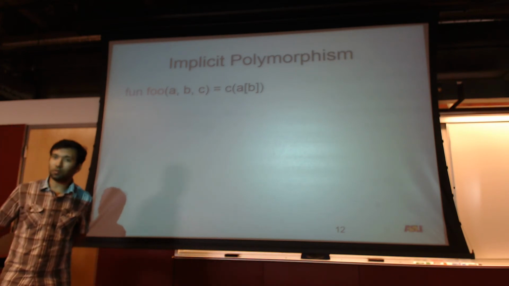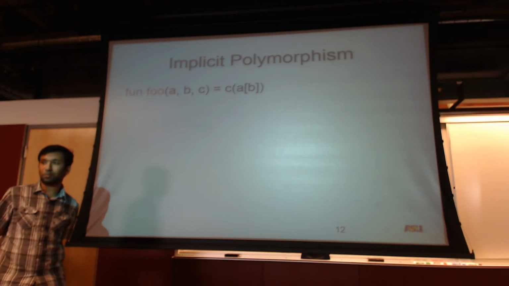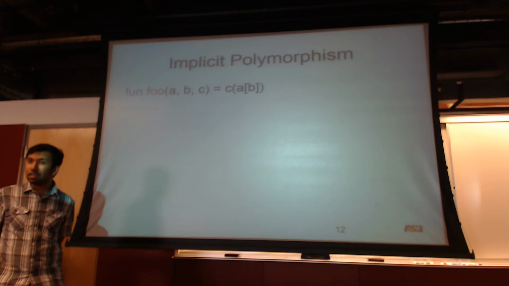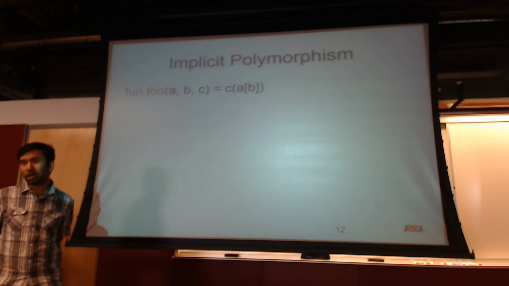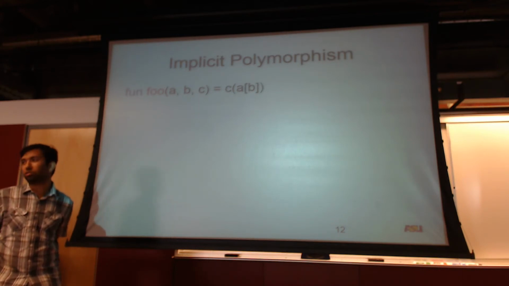What should be the type of B? What is the most generic type that you can give to B? It has to be an int. Index cannot be a string, index cannot be a float. Right? Array index has to be an integer. So the most generic type that you can give to B is an int.